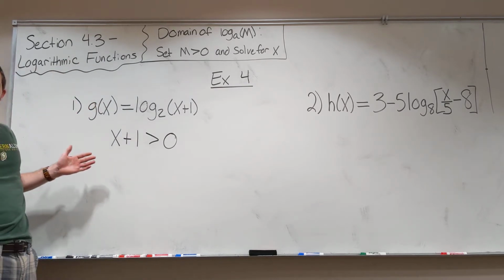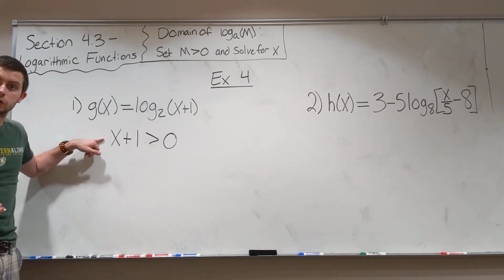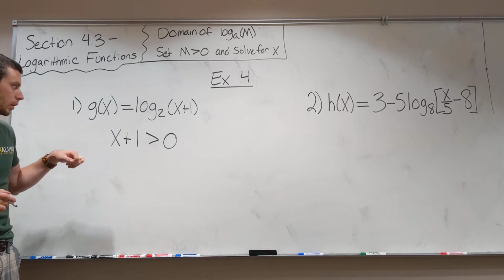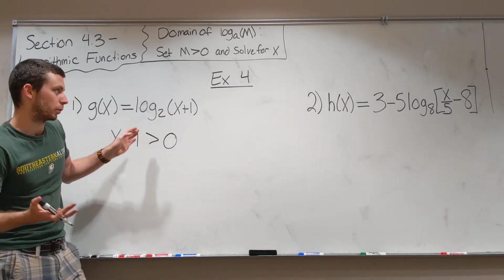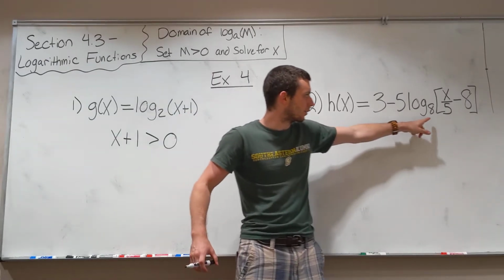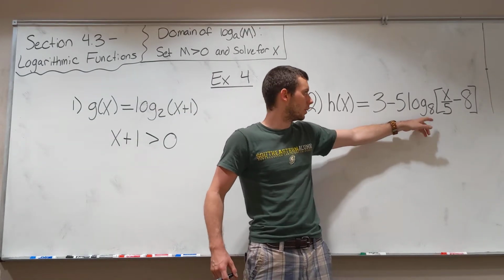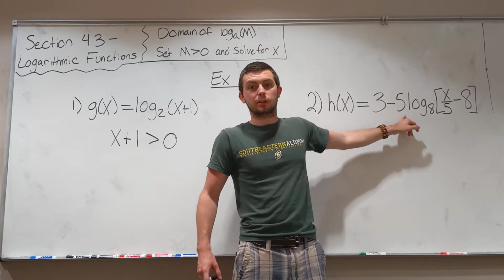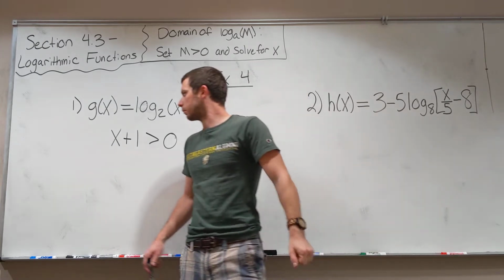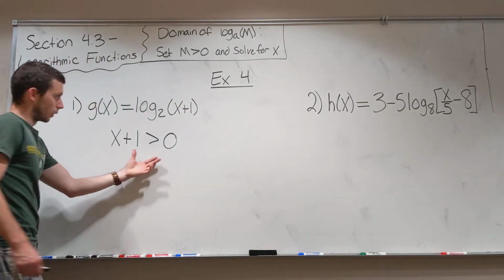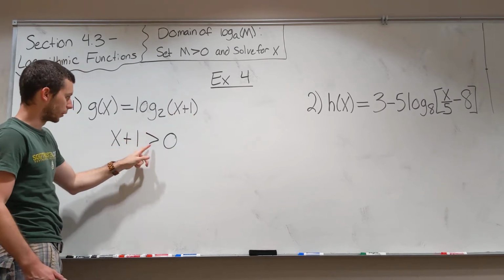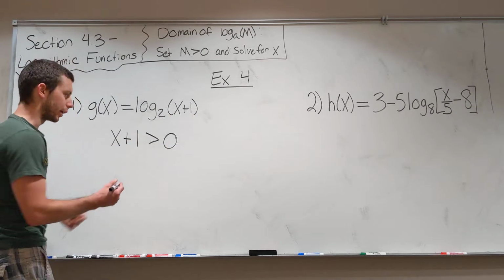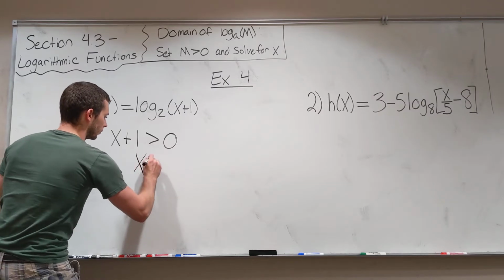So now we have a pretty manageable inequality here. So notice that 2 doesn't matter at all. As we'll notice in the next problem, that 8 is not going to matter. And we'll talk about how the 3 and the -5 come into play. So over here, we set everything the log is evaluating greater than 0. We solve for x. That's pretty simple here.